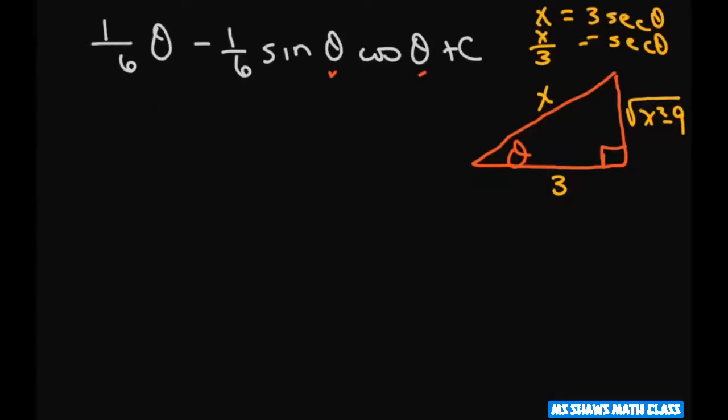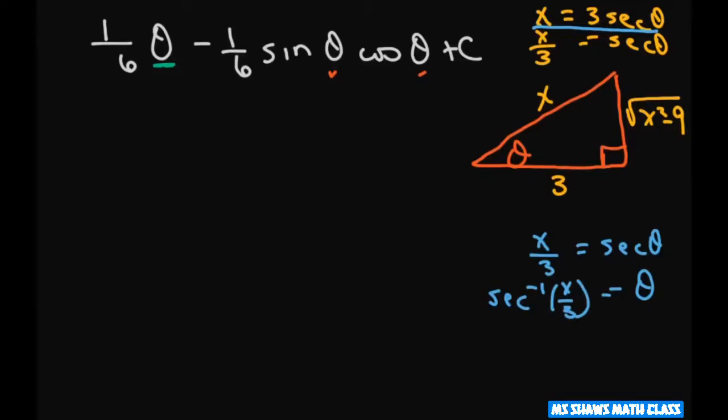For our angle here, we know that x divided by 3 equals secant theta, so theta equals inverse secant of x divided by 3. That's what we're going to fill in there.